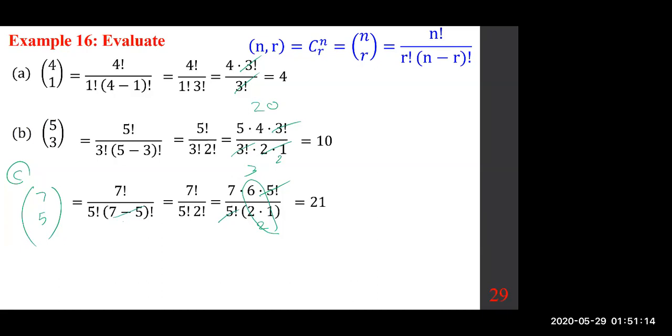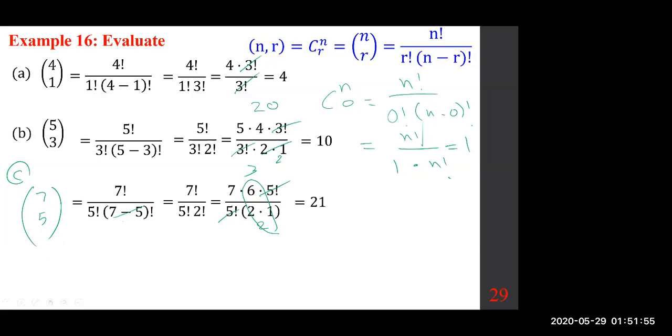If you have Cn0, by definition it is n factorial over 0 factorial times n minus 0 factorial, which is n factorial. 0 factorial is 1 times n factorial, so everything cancels out and we end up with 1. So that's one thing that you can see, you probably remember it from before.